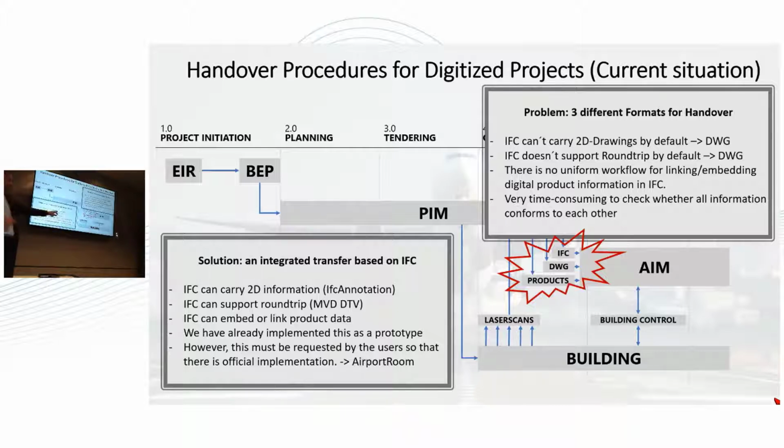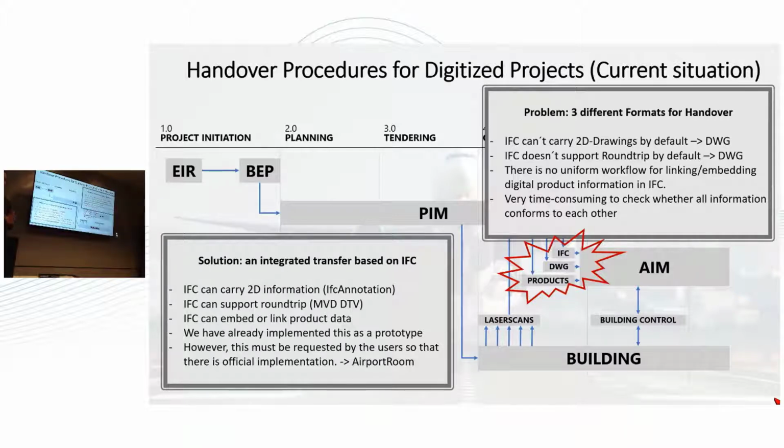Everything else is already solved, because there's an IFC annotation entity, and you can declare 2D content already with that. Also for the round-trip stuff, there's already a model view definition, a design transfer view. It's not finished yet, but it's exactly related to that topic. So there are solutions here, even on the horizon.